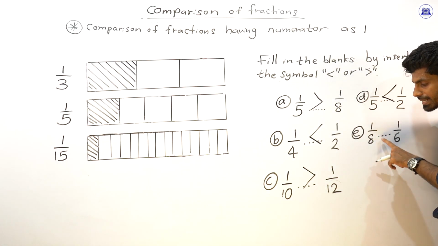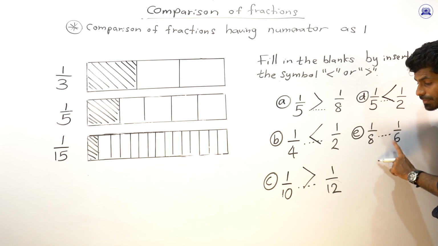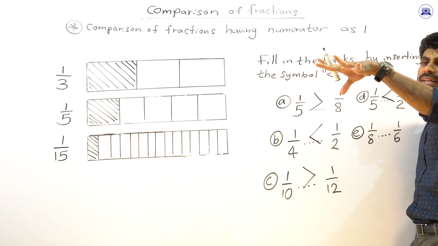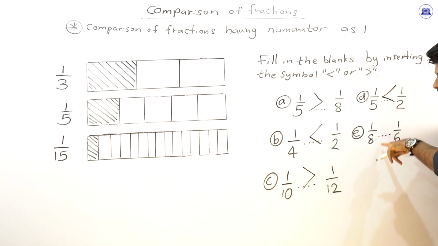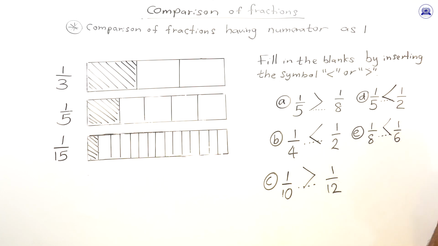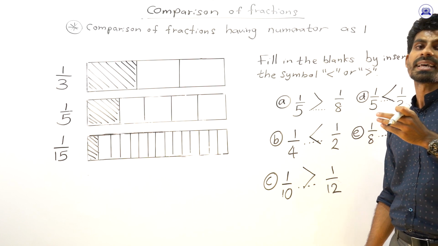Just look at the denominators, 6 and 8. 8 is the largest denominator. Largest denominator is lowest fraction. So 1 over 6 is the largest one. 1 over 8 is less than 1 over 6. So this is the first part, comparison of fractions having numerators as 1.